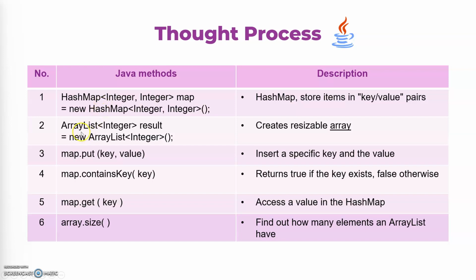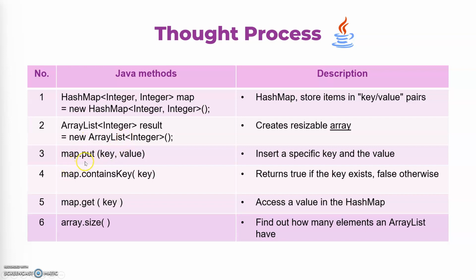In here, instead of using the integer primitive array, we don't know how many elements we will find that intersect both arrays. So for that, we have to use a dynamically sized array. So for that, we have to use this ArrayList.